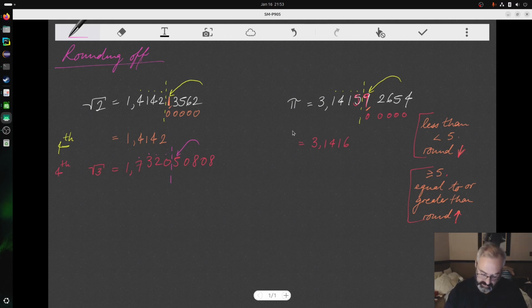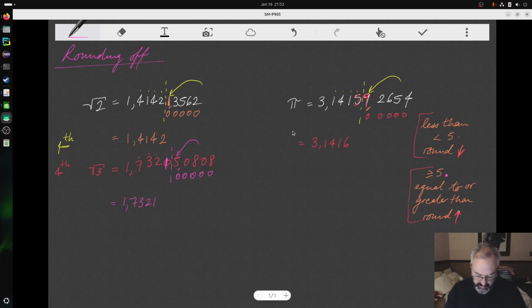And in this case, we can see that it's a 5. And so the rule says if it's 5 or greater, we are rounding up. When we round up, the 0 must now turn into a 1 and all of the rest turn into zeros.